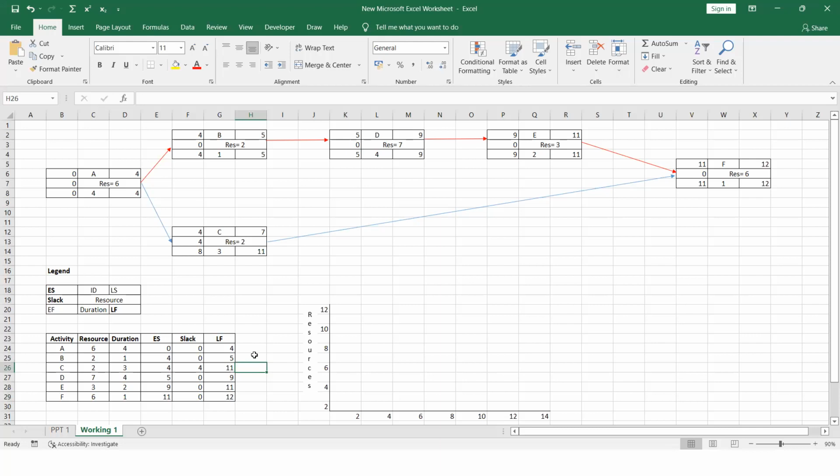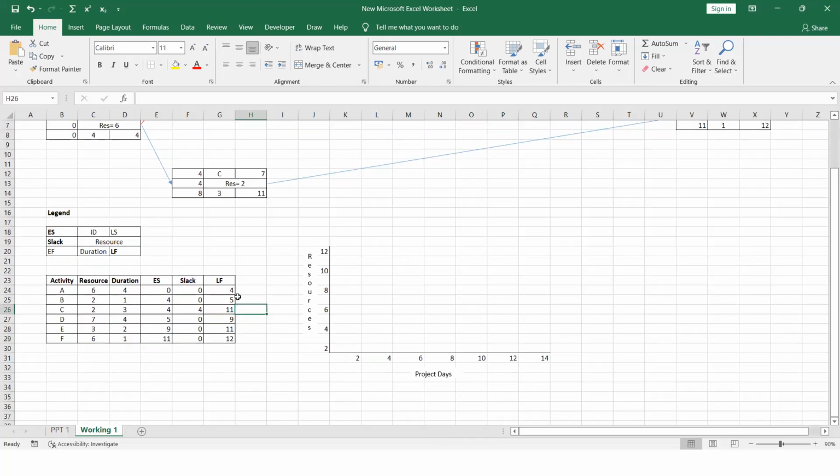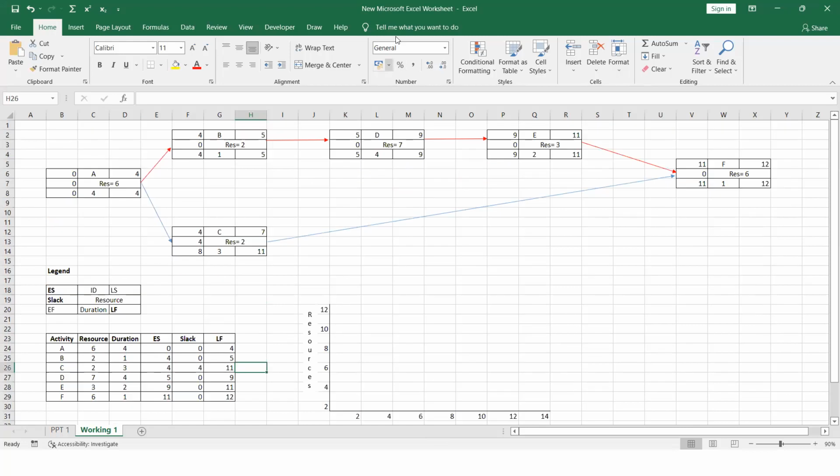So the next step, have you all finished completing this table? Have you all completed this table? Whether all the students who are logged into this lecture are actually doing these calculations with me, only a few students are responding.